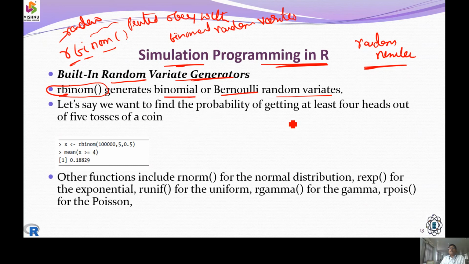So here we can see the probability of getting at least 4 heads out of 5 tosses. This was the question put up. So if I toss a coin with head or tail, how much is the probability to get 4 heads?